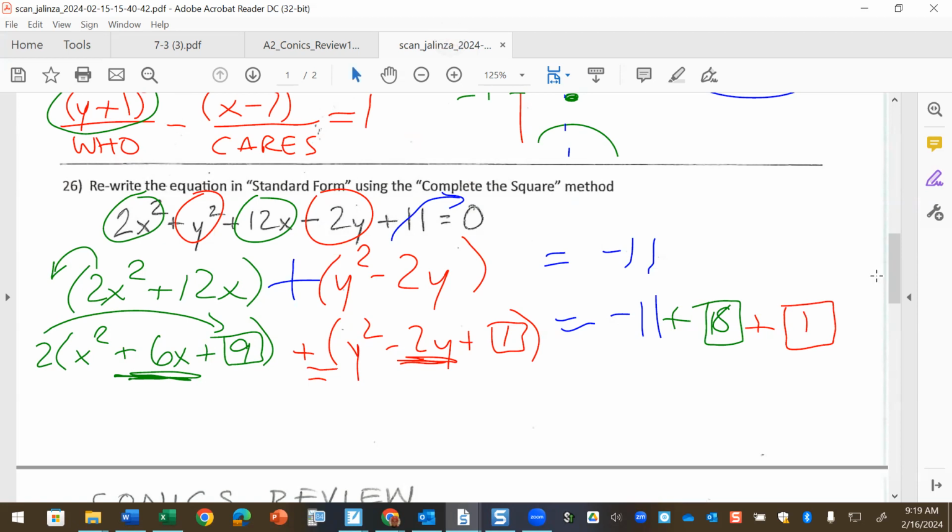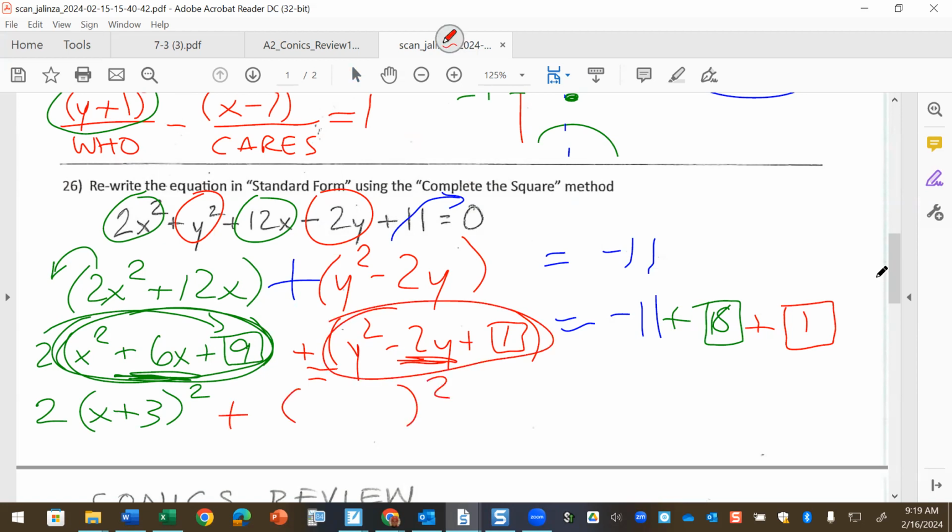Okay, 2 steps away from being done with this. 2 times what? Perfect square. X and X plus and plus 3 and 3. And for the red, what perfect square is that? Y and Y. Minus 1 and 1. What did this add up to over here?